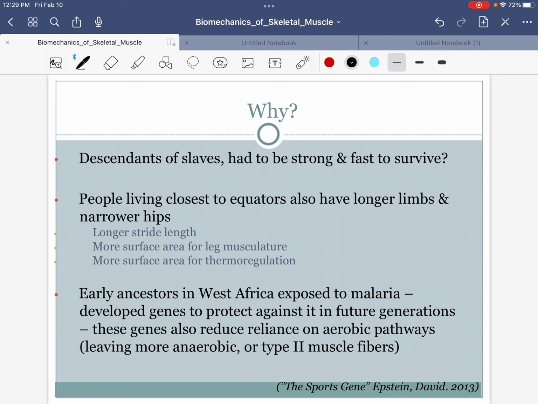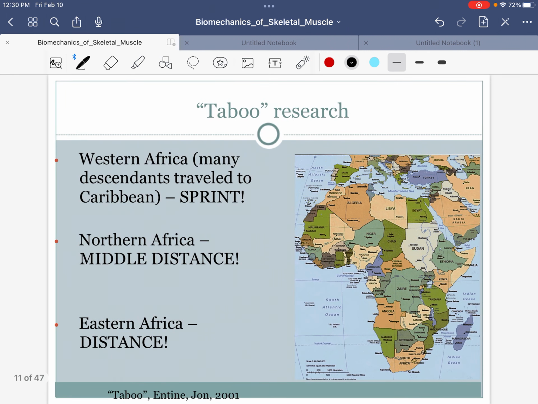Sickle cell anemia is, I would say, proven to be a trait developed over time as a preventative to malaria. And perhaps one of the other effects of this adaptation as a protective mechanism against malaria is the incidence of a high number of type 2 muscle fibers. You don't need to know these.